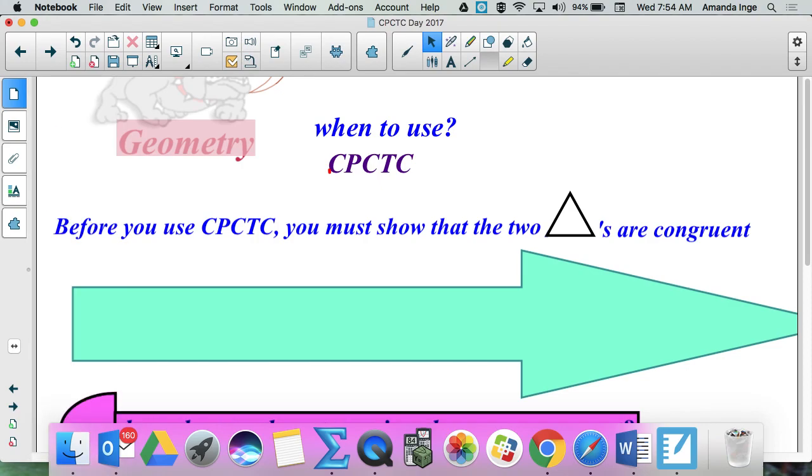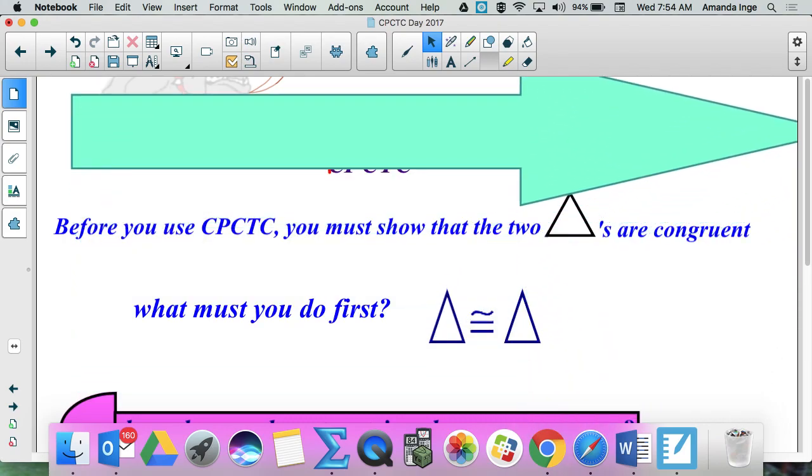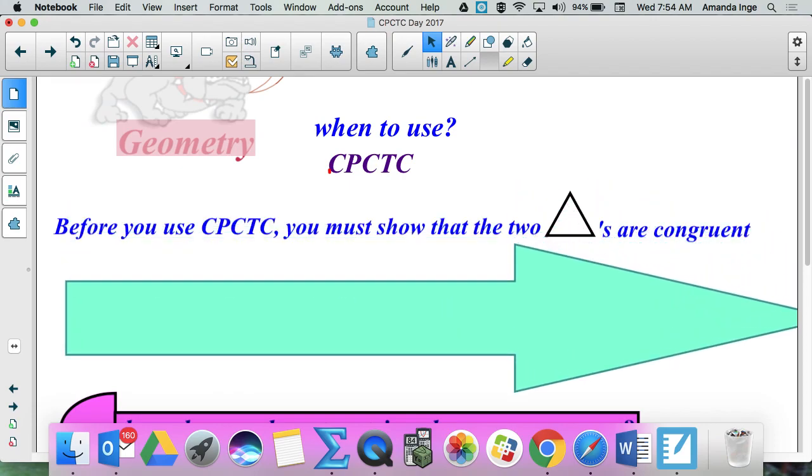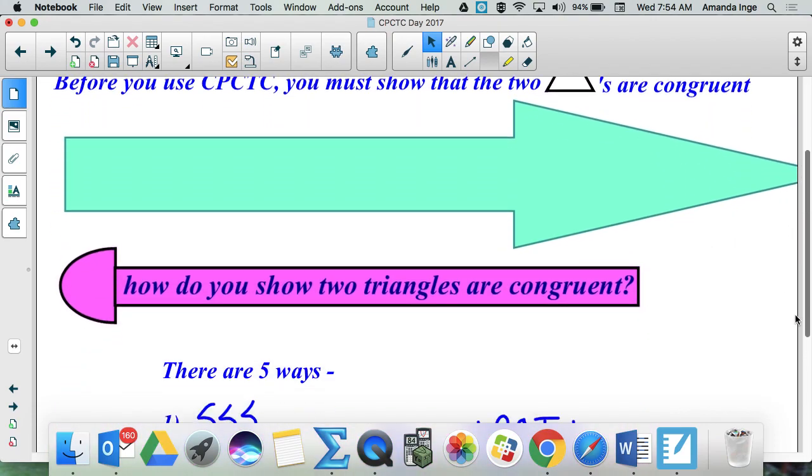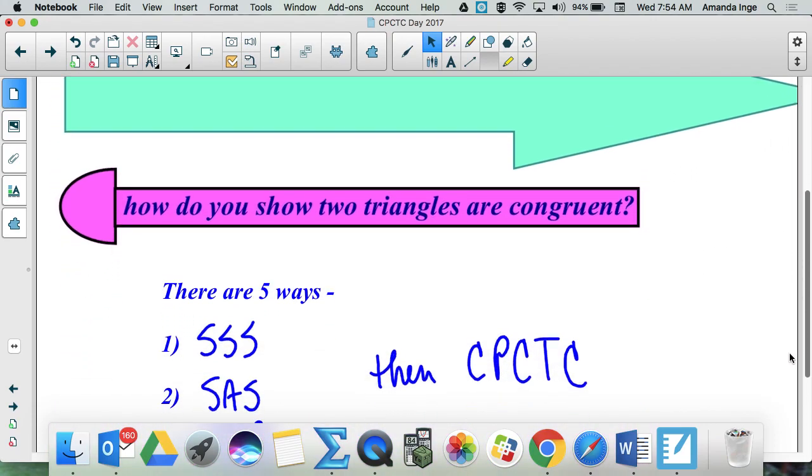So when do you use corresponding parts of congruent triangles congruent? When do you use CPCTC? Before you can use it, you must show the 2 triangles are congruent. First you have to show the triangles are congruent. Then after you show the triangles are congruent, you can use corresponding parts of congruent triangles are congruent.